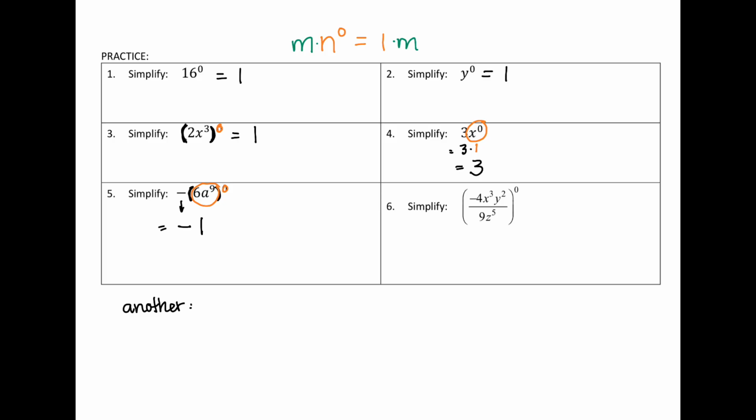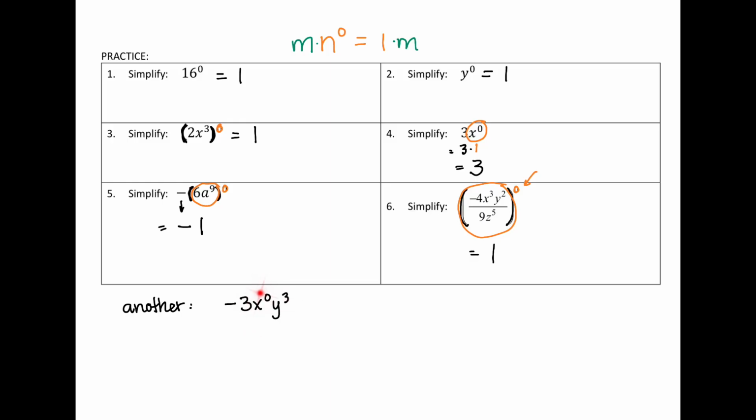Okay, number 6. The 0 is immediately behind the parenthesis. So, because they come in pairs, everything inside the parentheses is to the 0 power. That whole mess is equal to 1. Okay, let me give you another one. What about this?